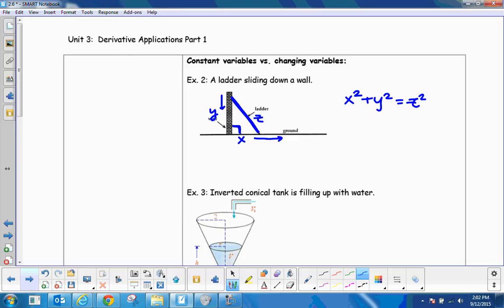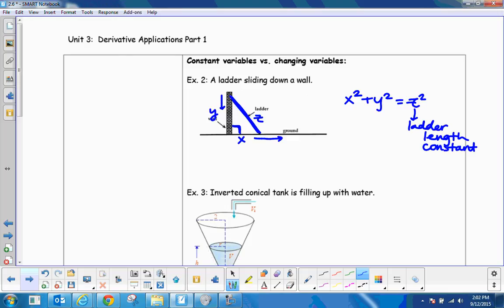As we look through at x, y, and z, try to figure out what you think is changing and what you think is always the same. Well, this ladder that I have, yes, it's moving, but it's the same size ladder all the time. So Z is just the ladder length, and it's constant. It's not changing at all.